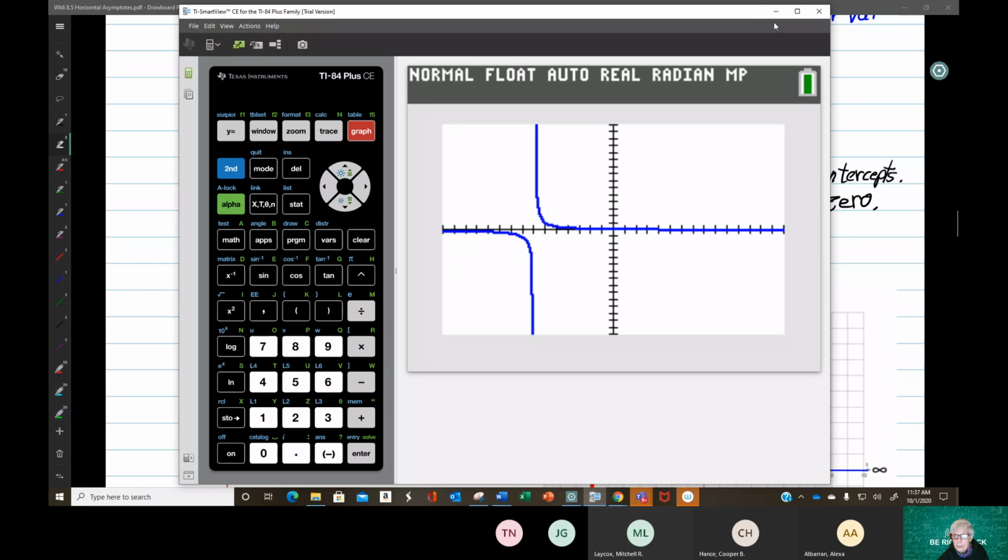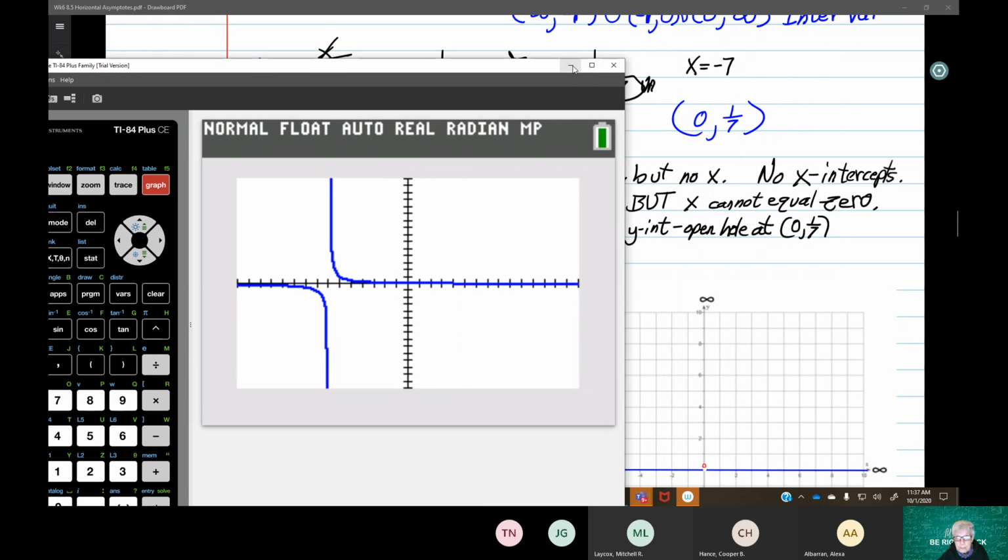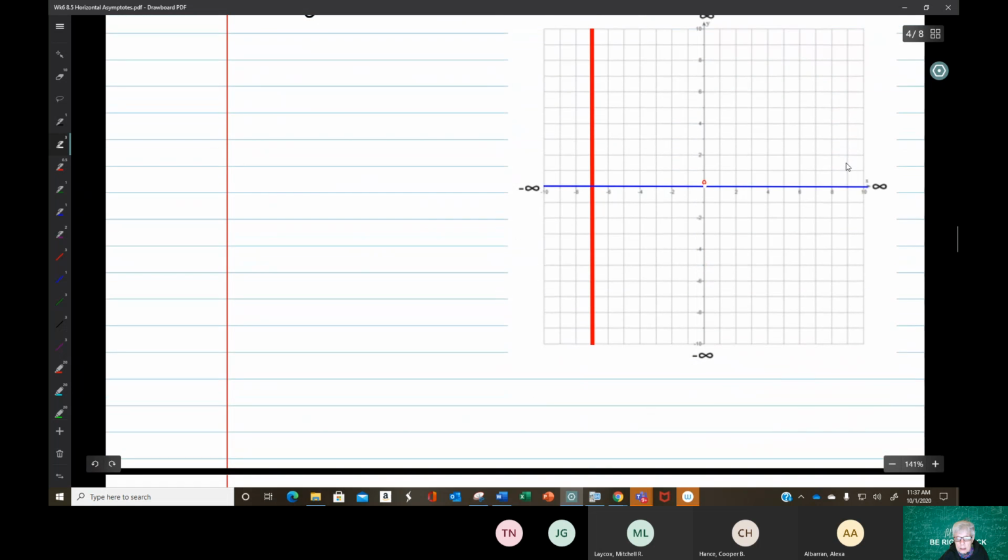So here we go. Nothing terribly creative this time. Most of them aren't until they get really complicated, but there's no reason for you to do that. So this is way out here, really close to the x-axis, but underneath it, not crossing it, because we proved we don't have any x-intercepts.